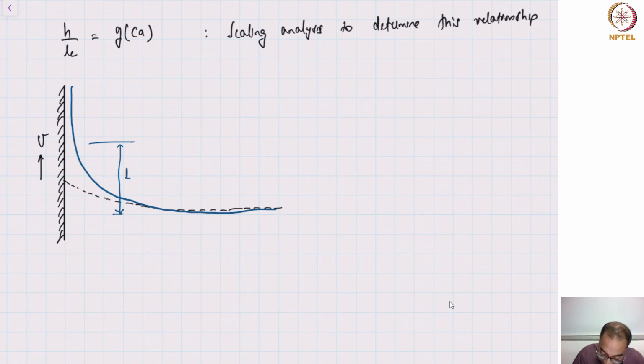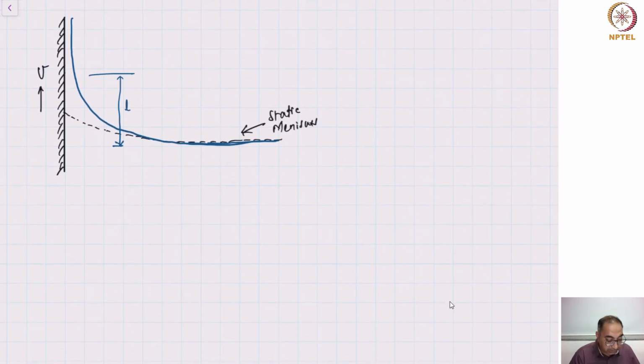Therefore, we call it the dynamic meniscus. But far away, the static meniscus and the dynamic meniscus would match, and you obtain the static meniscus. In the static meniscus region, the fluid is largely unaffected by what is happening near the plate.